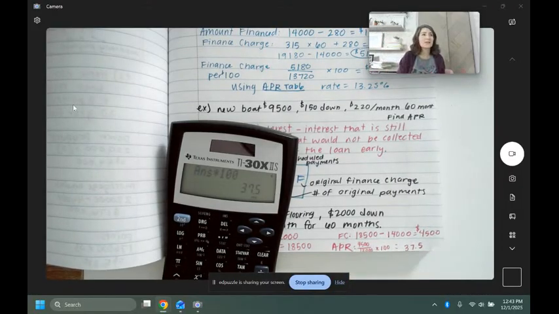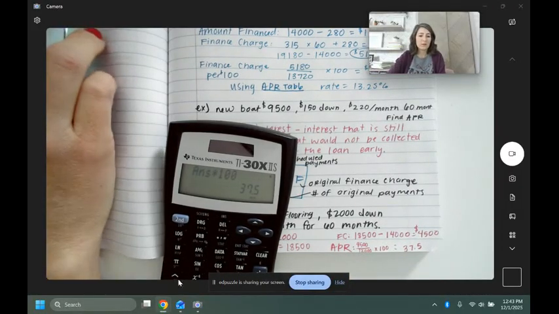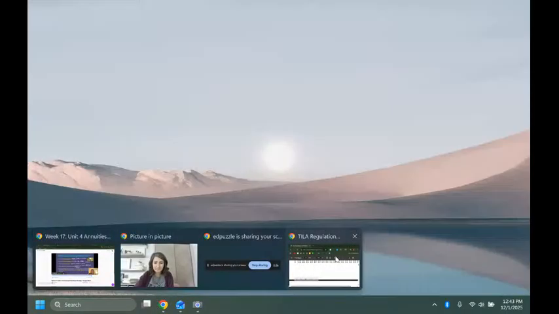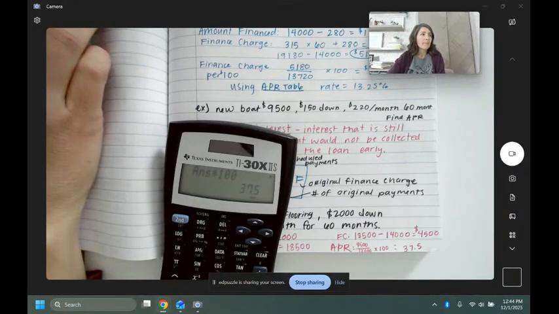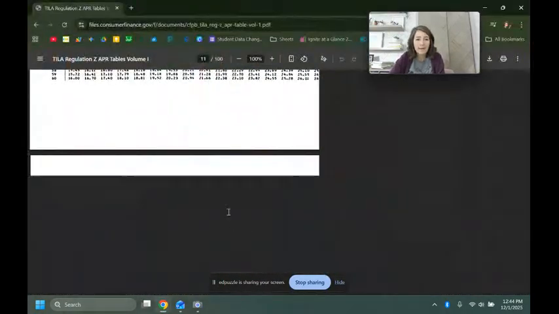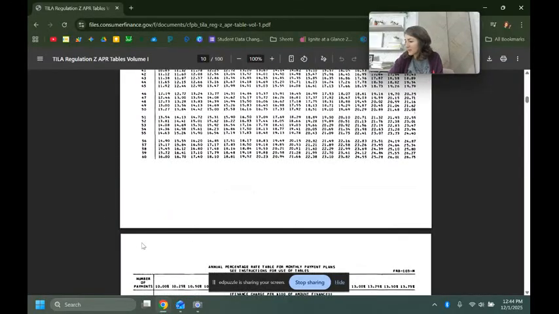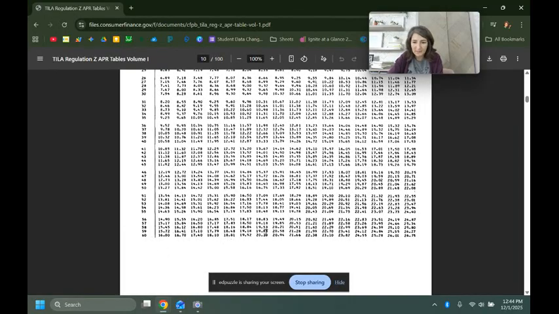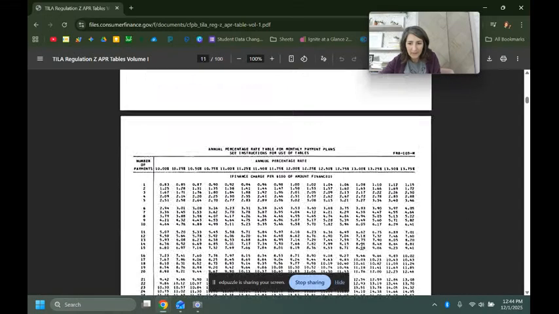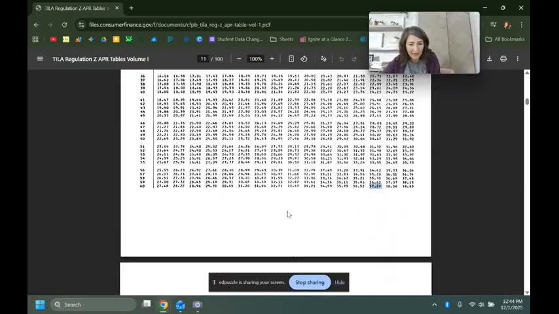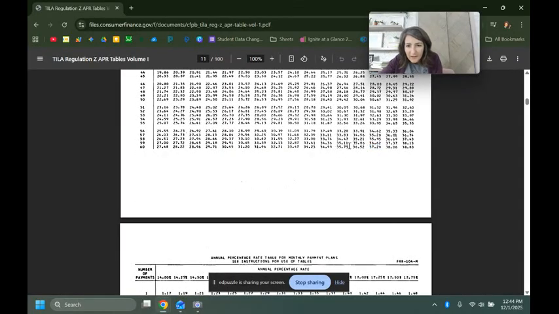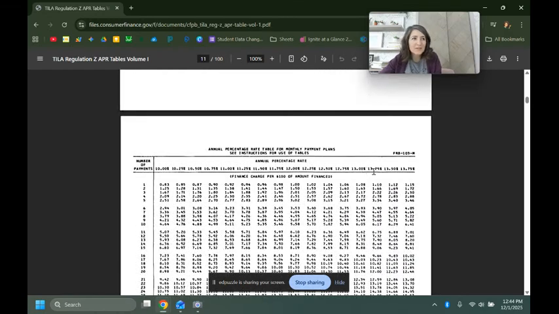I bet it's going to be the same closest one. But this time I'm not looking at the 60 column. Oh, yes, I am. Okay, and I want 37.5. It totally is that one again. So it's 13.25% APR.